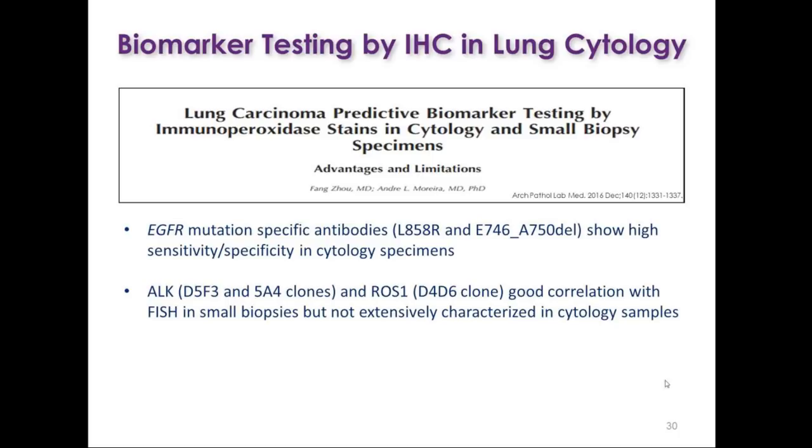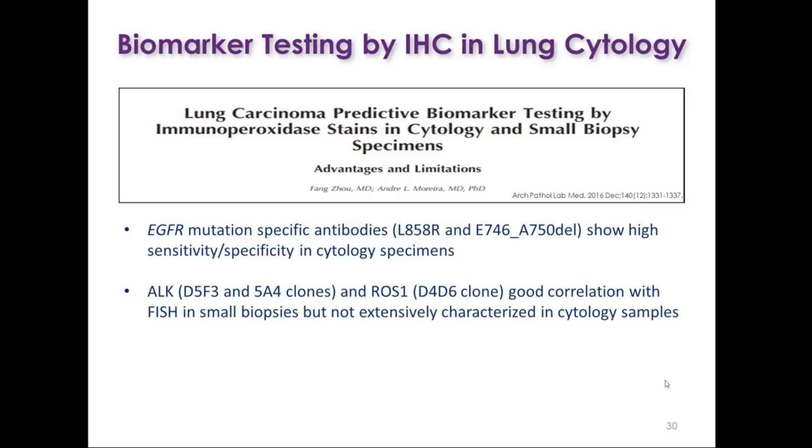Some of these predictive markers in lung carcinoma are also available as IHC assays. The most common EGFR mutations, the L858R and the exon 19 deletion, have specific EGFR mutation-specific antibodies, and these have been shown to be highly sensitive and specific in cytology specimens.